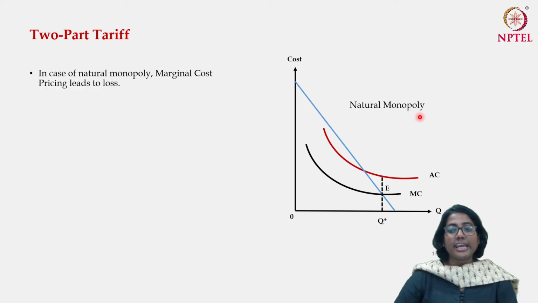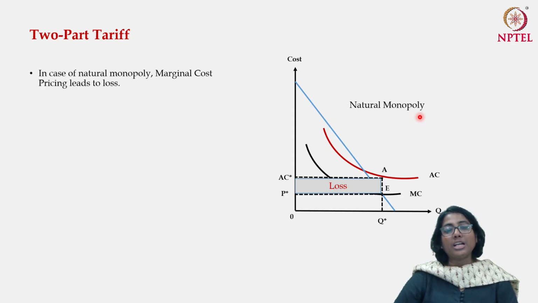But the problem is, at Q star your marginal cost is falling below your average cost. This means that if the price you charge from the natural monopolist is P star, then your average cost exceeds P star and therefore you are incurring a loss. So in case of a natural monopoly, marginal cost pricing will always trigger a loss for the monopolist, and the monopolist will not be able to sustain.